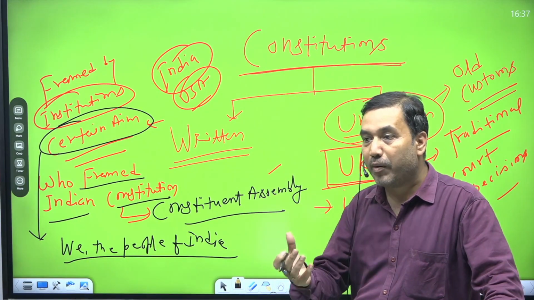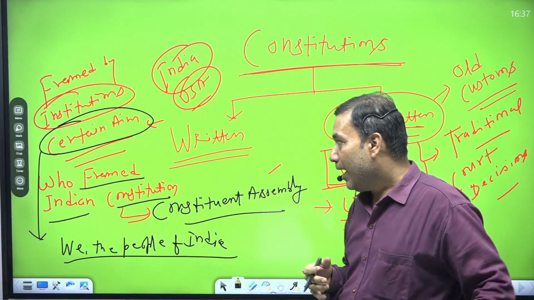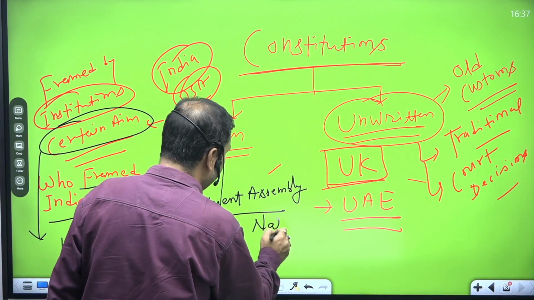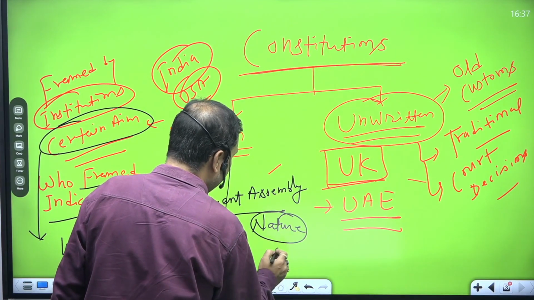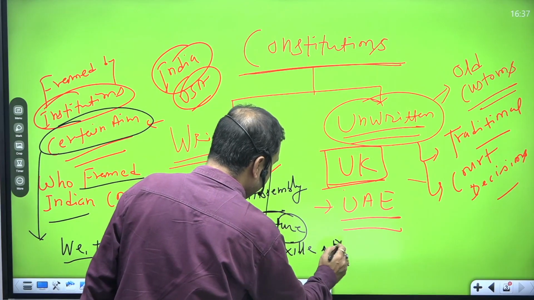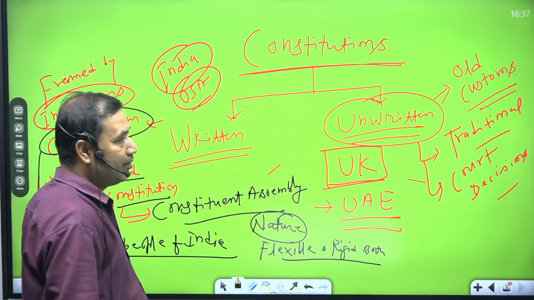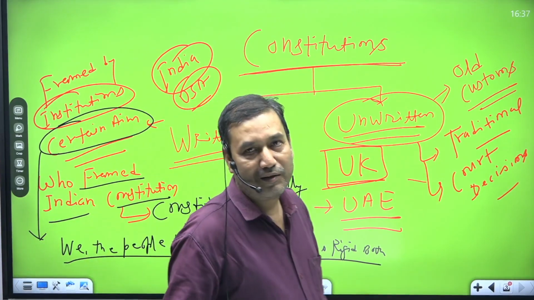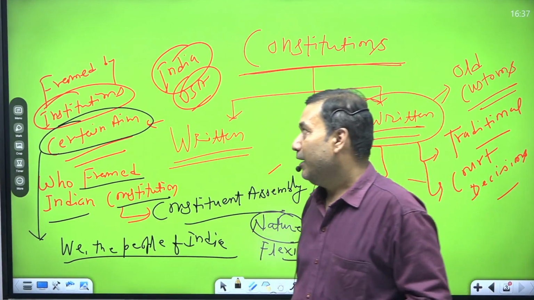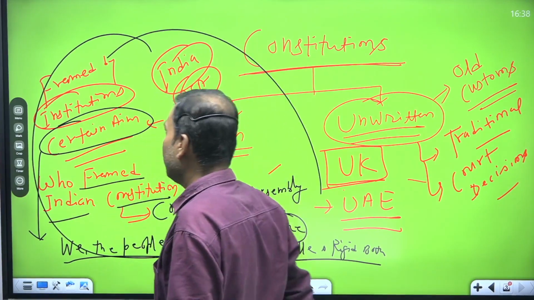Because all the actual power is vested in the people. And the next question is the nature of the Indian Constitution. Flexible and rigid, both. We are going to study the written constitution, the Indian Constitution. Clear?